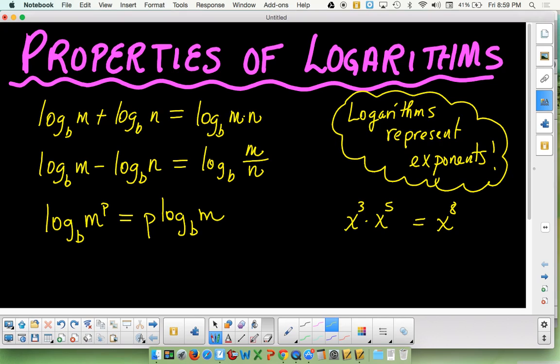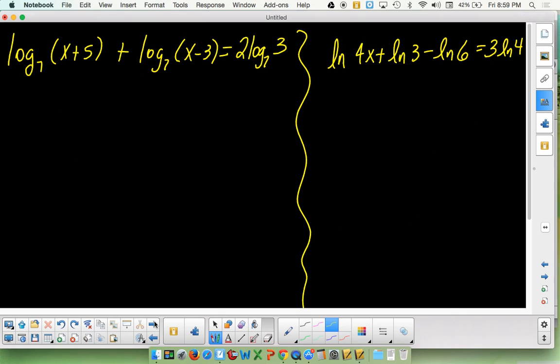Okay. Our entire assignment today is my attempt to beat you to death with how you work these logarithm properties. So we're going to do numerous problems using only these three properties. You'll notice here, first one I have up, we have log base 7 of x plus 5 plus a log base 7 of x minus 3 equals 2 times the log base 7 of 3.